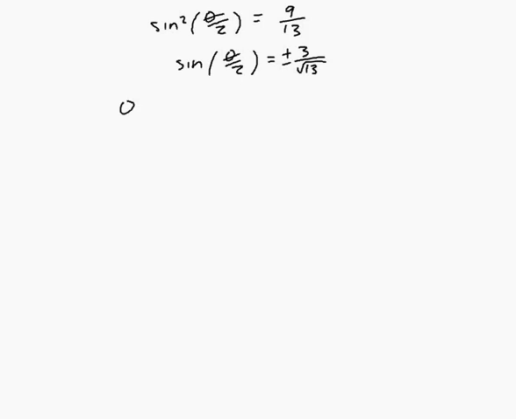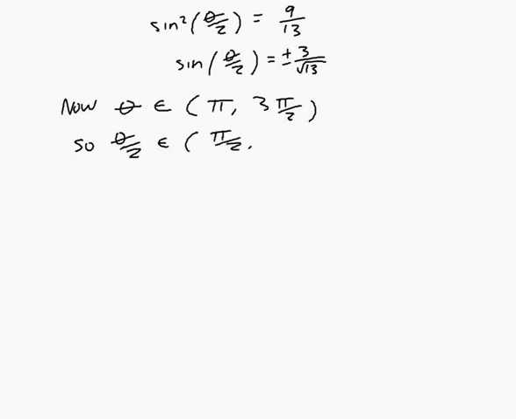So theta now. Theta is in pi to 3 pi on 2. So theta on 2 is in pi on 2 to 3 pi on 4. And 3 pi on 4 is still less than pi.